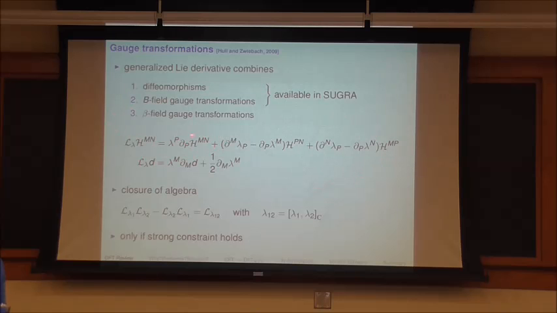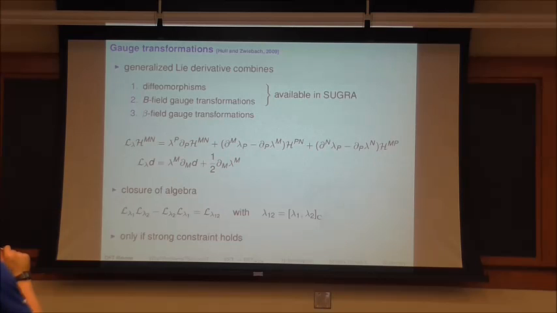And again, you see you have the generalized metric and these derivatives, everything in the doubled space. And we will also find something which is called beta field gauge transformations, which we will not have in supergravity. The reason for this is that these are the T-dual version of B-field gauge transformations. And because supergravity has no T-duality manifest, we do not really see them explicitly in supergravity.